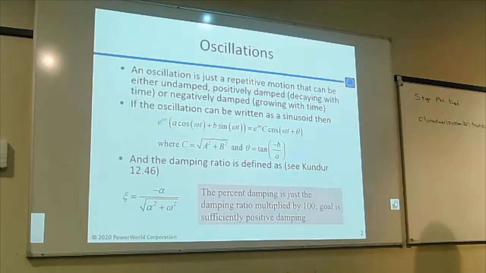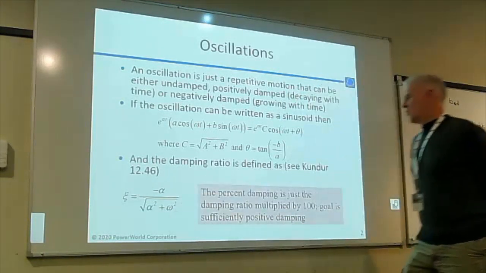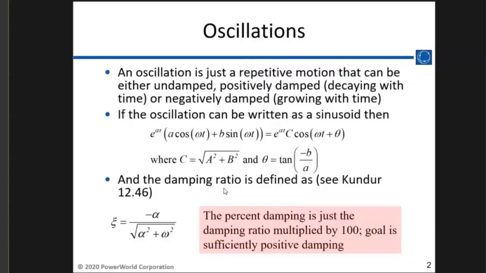When we have a function in this form, we talk about its damping ratio, and the damping ratio is defined as given there. The percent damping is just a damping ratio multiplied by 100. The goal is to have signals with positive damping, and that would correspond to an eigenvalue with a negative alpha term in it.